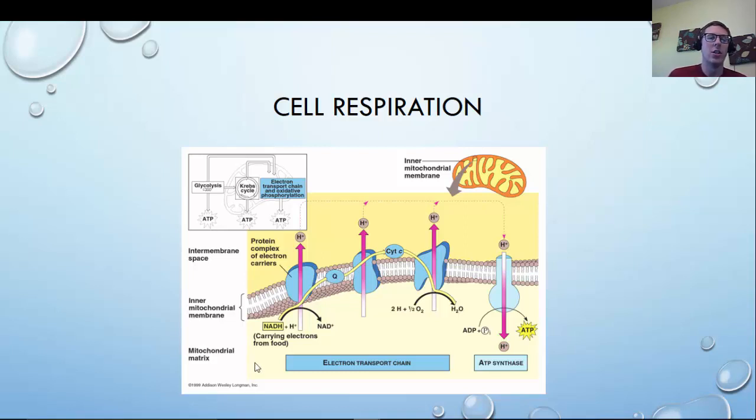LEO says GER. Loses electrons, it's oxidation. Gains electrons, it's reduction. So this is cell respiration, NADH, it's got that extra H, it's electron rich, so it has been reduced. It's oxidized here though. Reduced to make it, oxidized here. That's the electron transport chain.